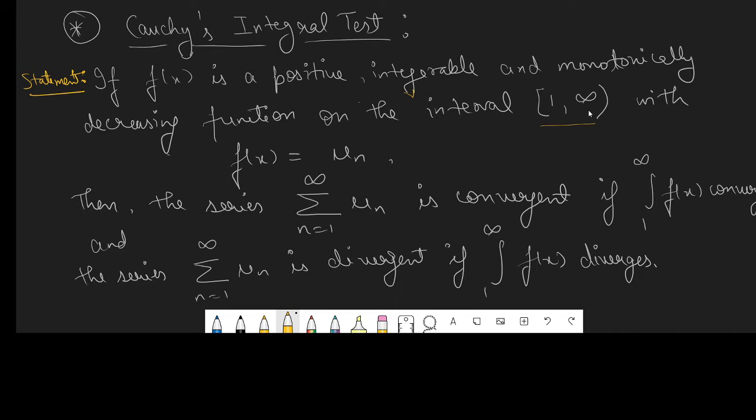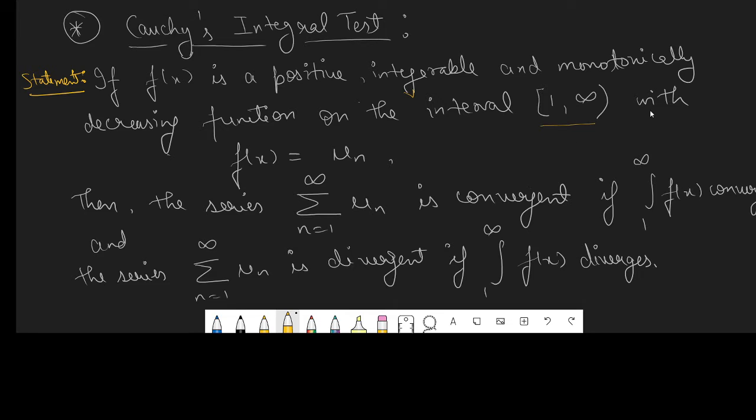to infinity. If it is starting from n equal to 2 to infinity, like we have in the case of 1 by log n, then it will be 2 to infinity. So the lower limit represents the first term from which the series is starting.